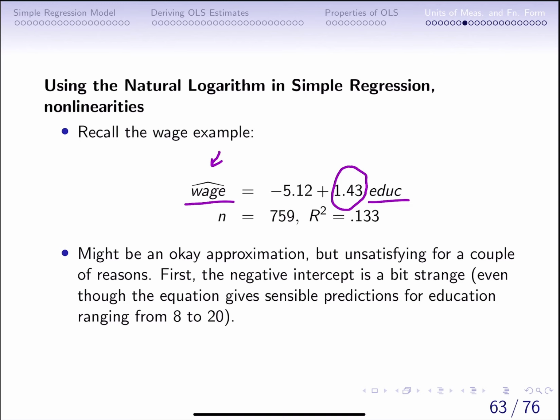Now, you might find this to be a bit strange because depending on where you are at, what your initial level of education is, if you add one more year to that, it might have a different effect, right? Depending on whether you are at very low levels of education or very high levels of education, adding 1 year to your education should do much more than $1.43.